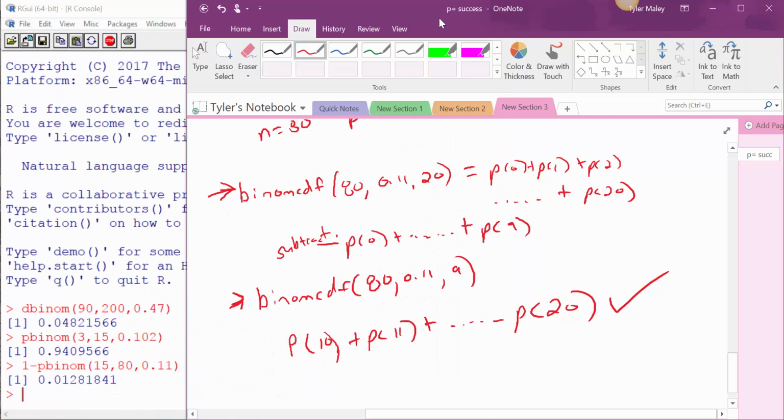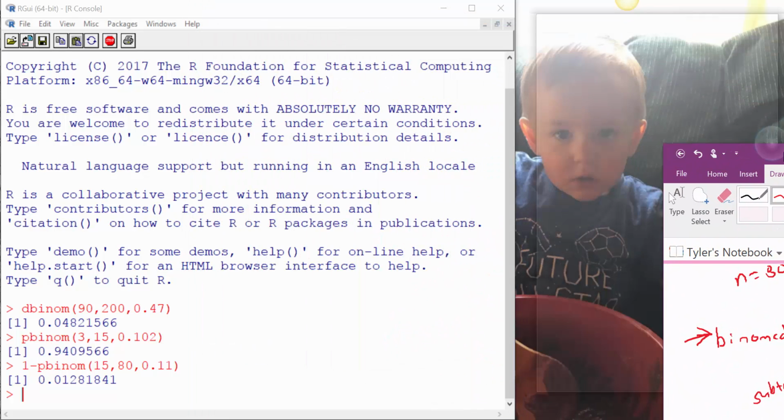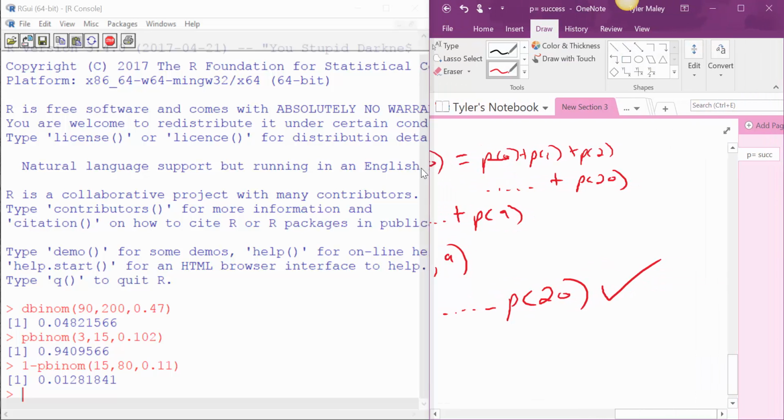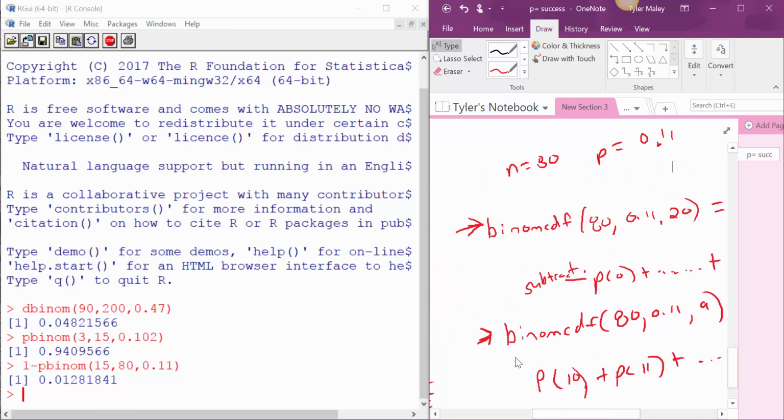If you want to do this in R, it'd be a very similar setup. Let me adjust the screen here.